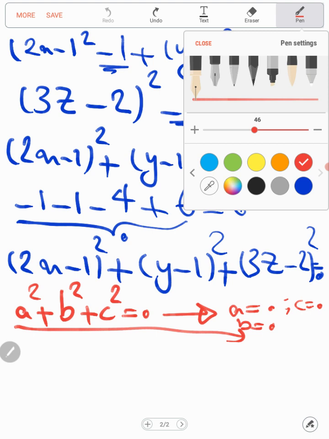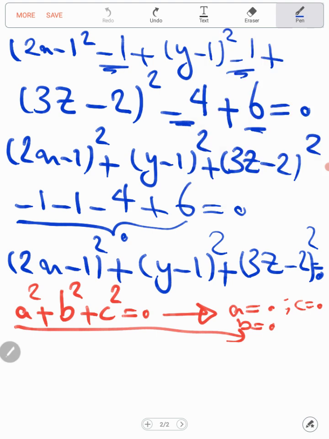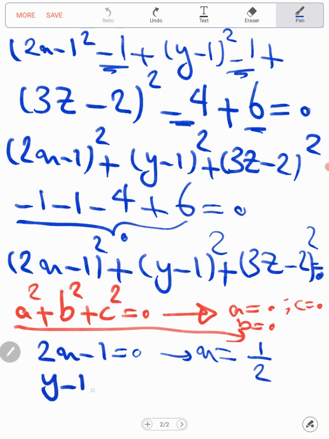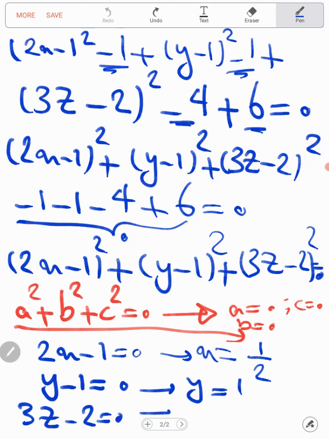We can use this formula to find an answer from these parentheses. 2x minus 1 is equal to 0, so x is equal to 1 over 2, and then y minus 1 is equal to 0, so y is equal to 1, and then 3z minus 2 is equal to 0, so z is equal to 2 over 3.